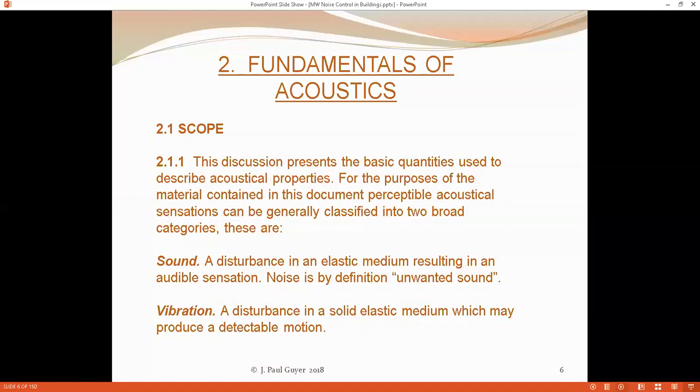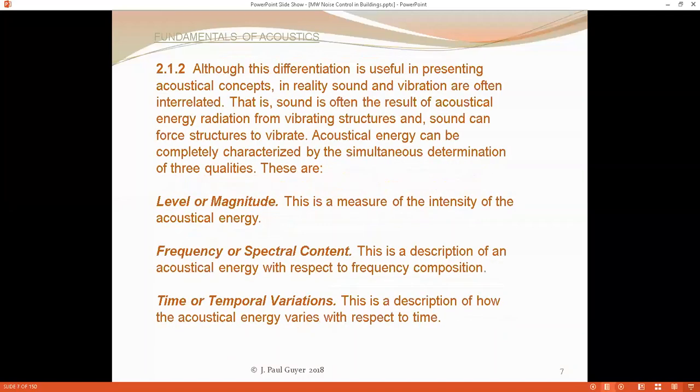Okay, these are characteristics of sound that are important to have an understanding of. The first is level or magnitude, and the way to visualize this is think of a sinusoidal curve going up and down and up and down and up and down. And this sinusoidal curve represents acoustic energy, you might say.